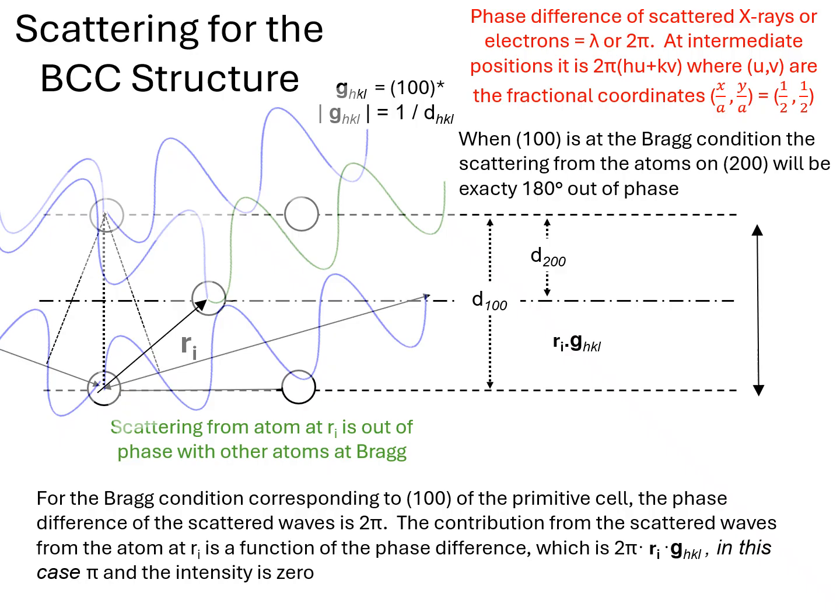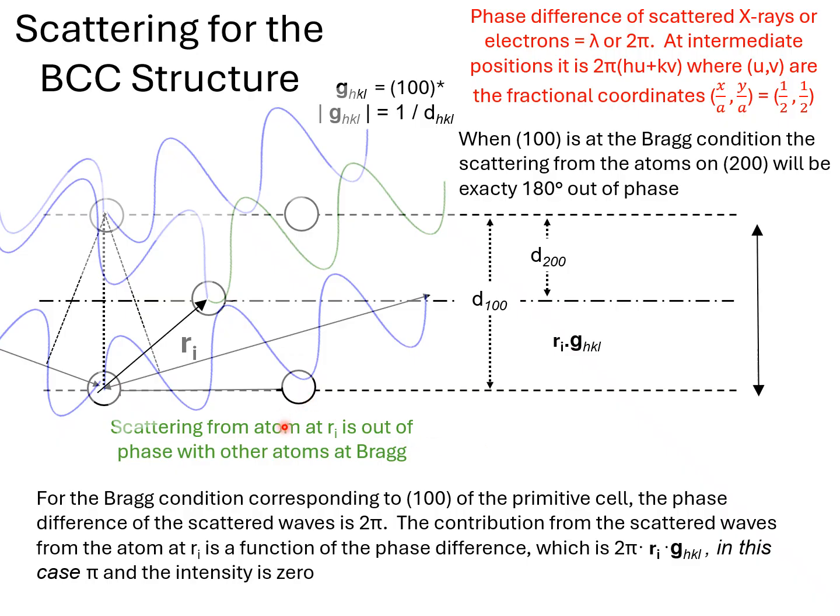Having said that, let's get into the mathematics now of diffraction. Structure factors. Before I talk about structure factors, I just want to give you a geometric understanding of what's happening when waves are being scattered off atoms within a unit cell.